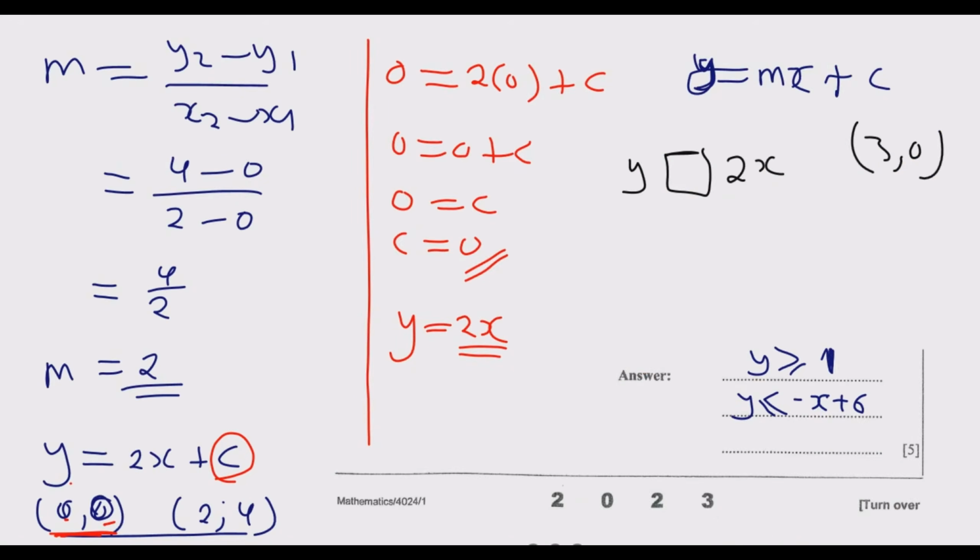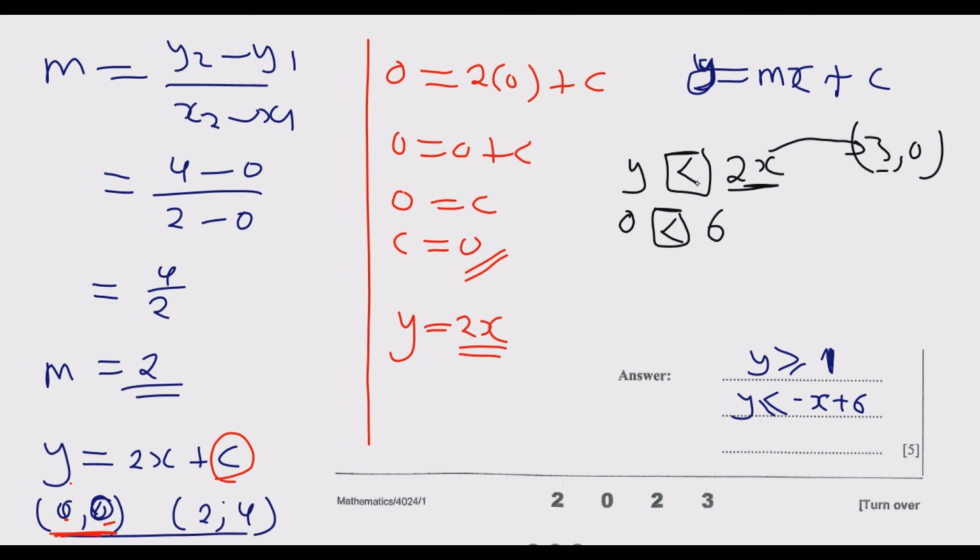So what is y? y is 0. Then x is 3, so 2 times x is 6. So which sign is correct in this case? We know that 0 is less than 6. So on this side I'm going to put this for this to be true. We just need to pick one point for testing.